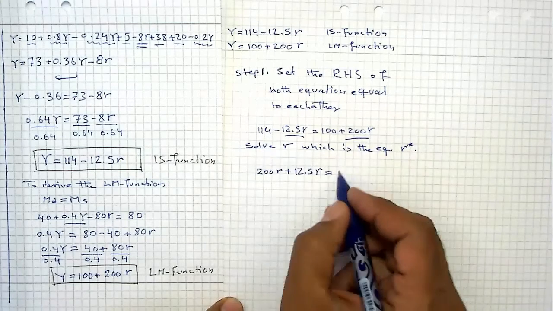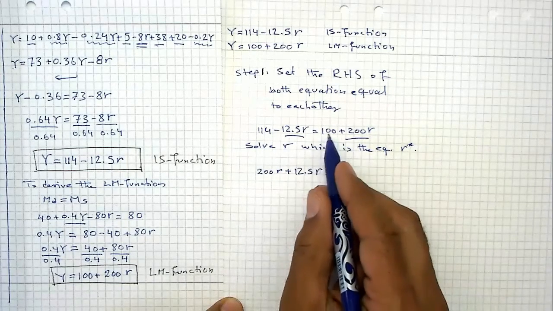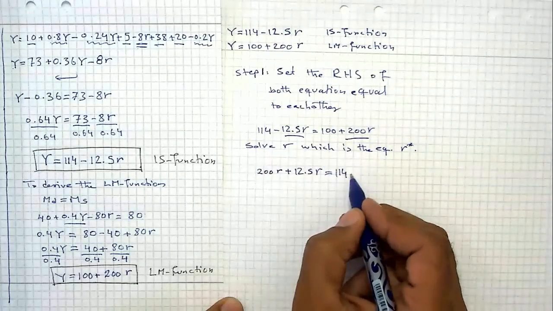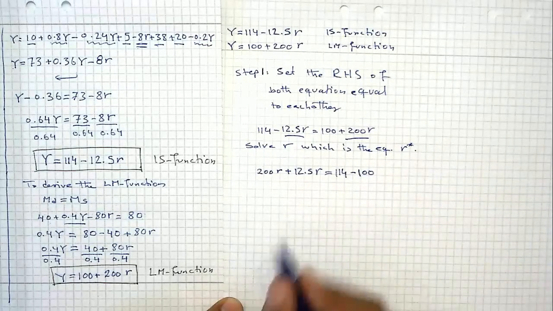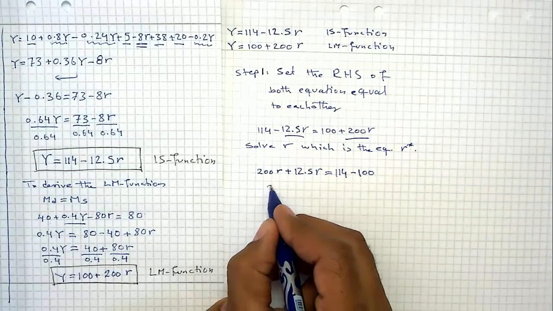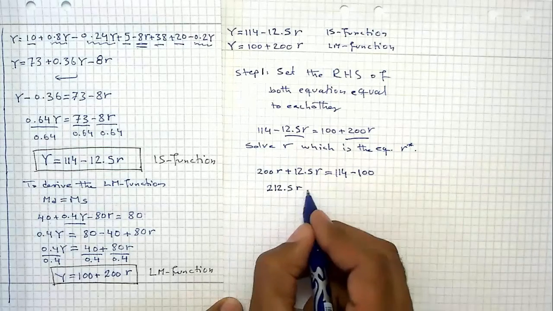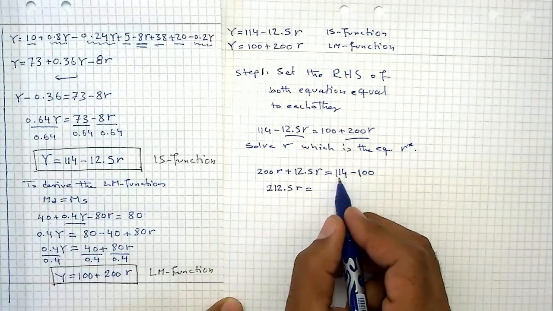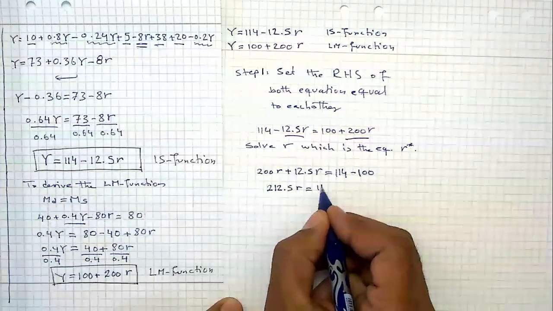On the opposite side, I have 114. Now I move this to the same side as this one, and I have to change the sign, so I have 100 here. So if I add these two terms, I will have 212.5r, and adding these together means that 114 minus 100, and I have 14.